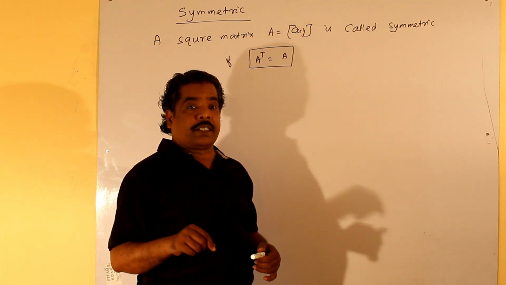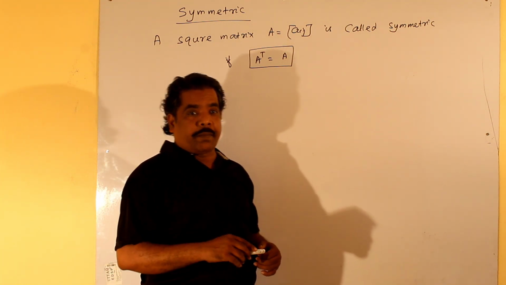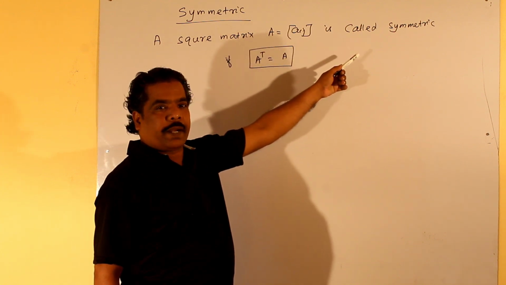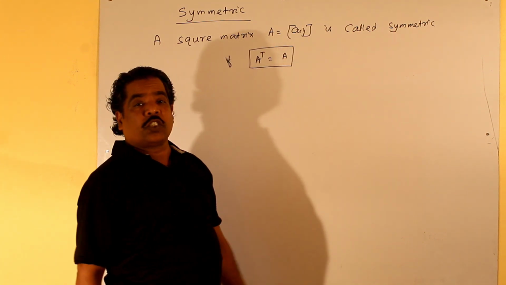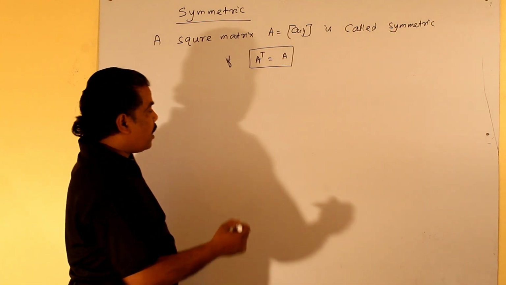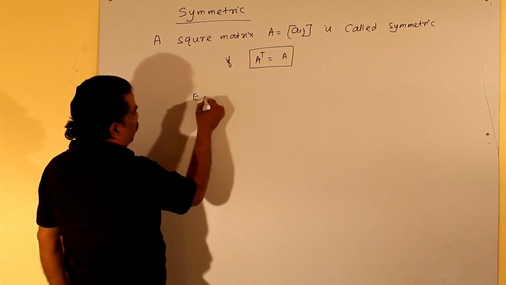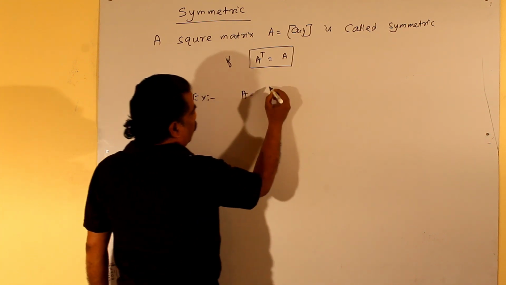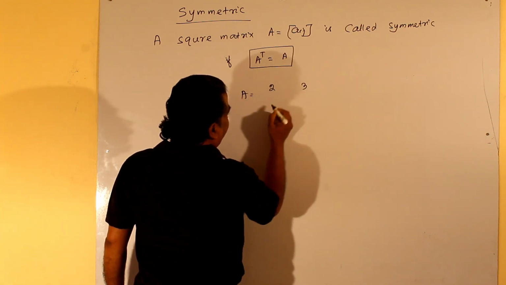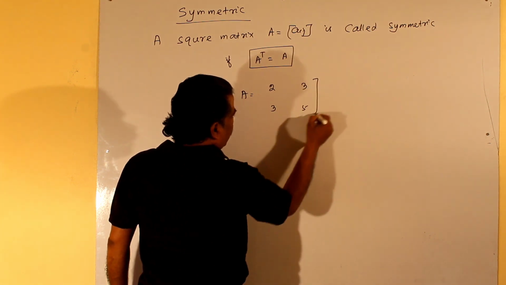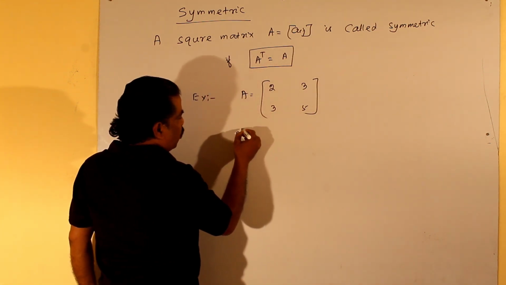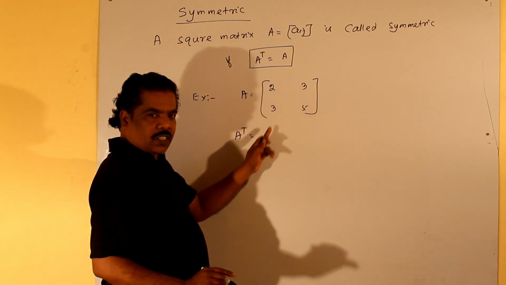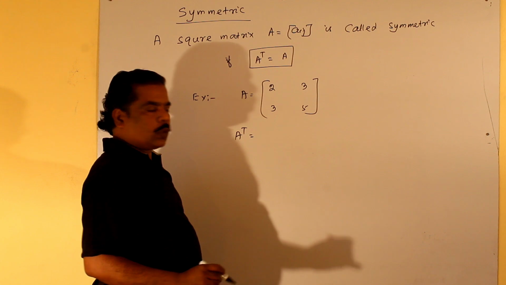A square matrix A is called a symmetric matrix if A transpose is equal to A. For example, we take a matrix A equal to [2, 3; 3, 5]. In case of transpose, rows are written as columns, columns are written as rows.